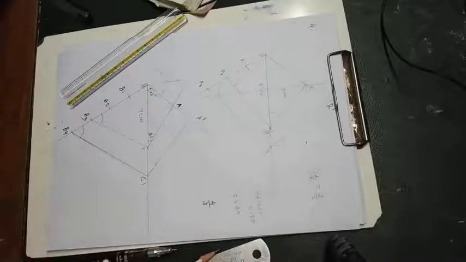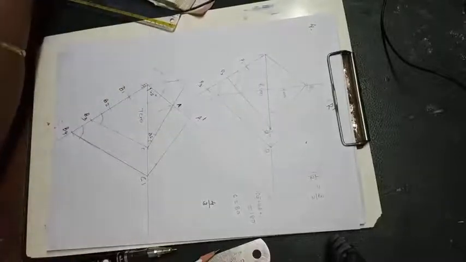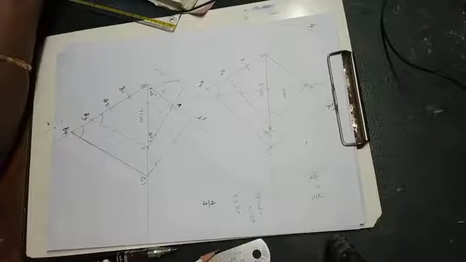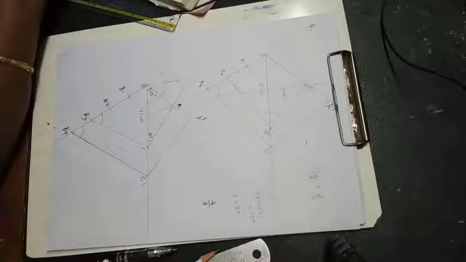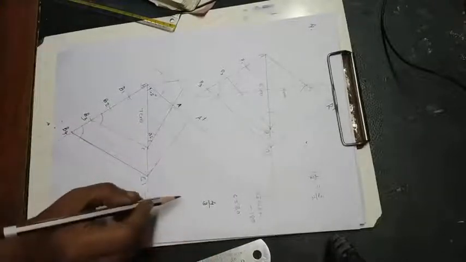Now 7th one is draw a right angle triangle in which the sides other than hypotenuse are 4 and 3. Then construct another triangle whose sides are 5 by 3. Now it's a right angle, that means one of the angles will be 90 degree. So two sides are given, 4 and 3. The next side, how will you get?